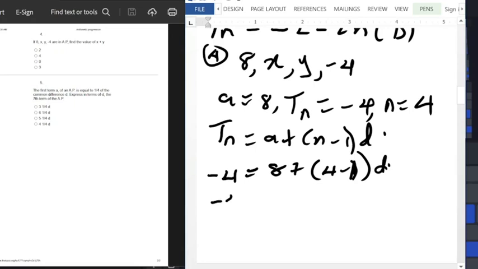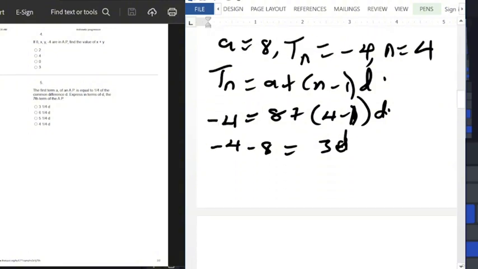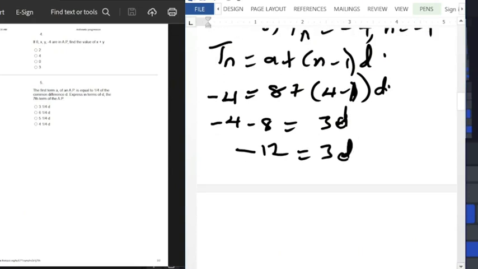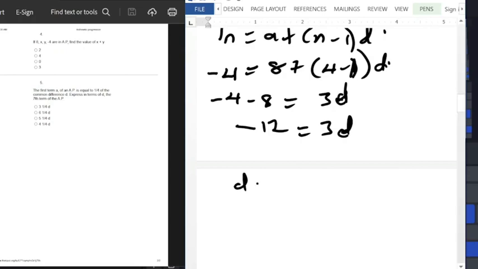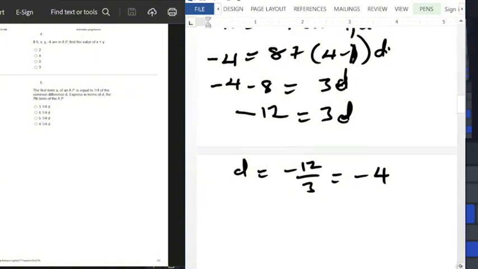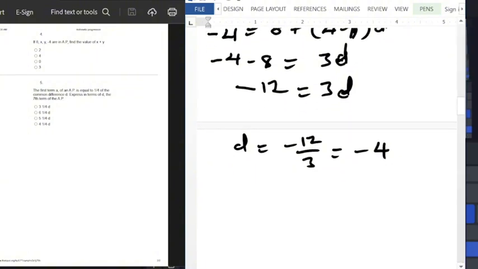From here we have minus 4 minus 8 equals 3d, so minus 12 equals 3d. Then divide both sides by 3, so d equals minus 12 over 3, which equals minus 4. So the common difference is minus 4.